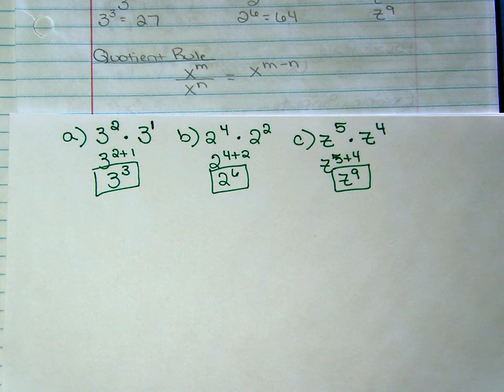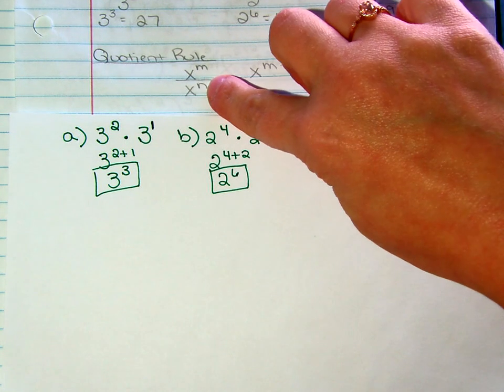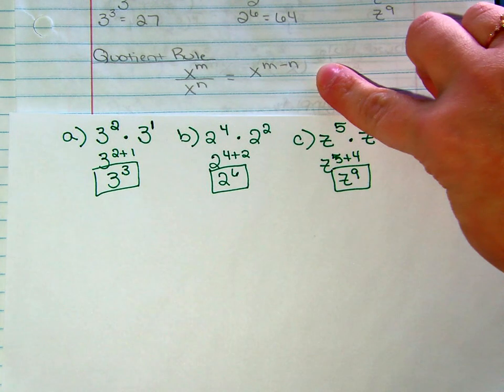So I'm actually going to show you two completely different ways to deal with dividing exponents. One of them is where your top exponent is larger. If your top exponent is larger than your bottom exponent, like m is greater than n, then I recommend using the quotient rule.